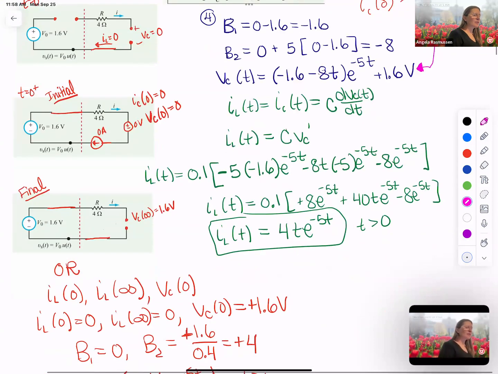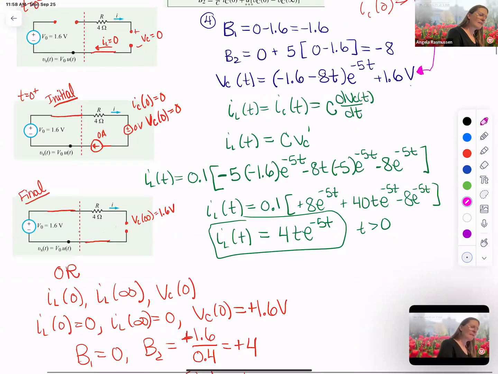So VC of 0, if you see there, you're going to put 0 in for t. What will VC of 0 be? What's e raised to the 0? Okay, good. e raised to the 0 is 1.